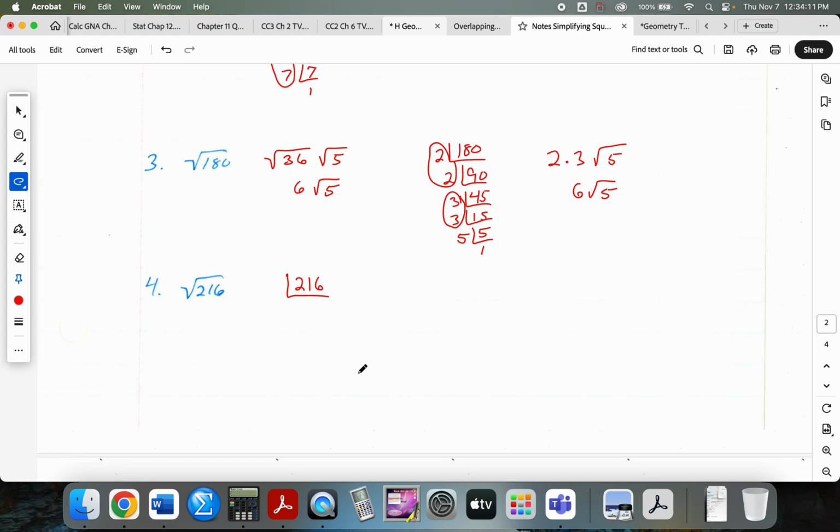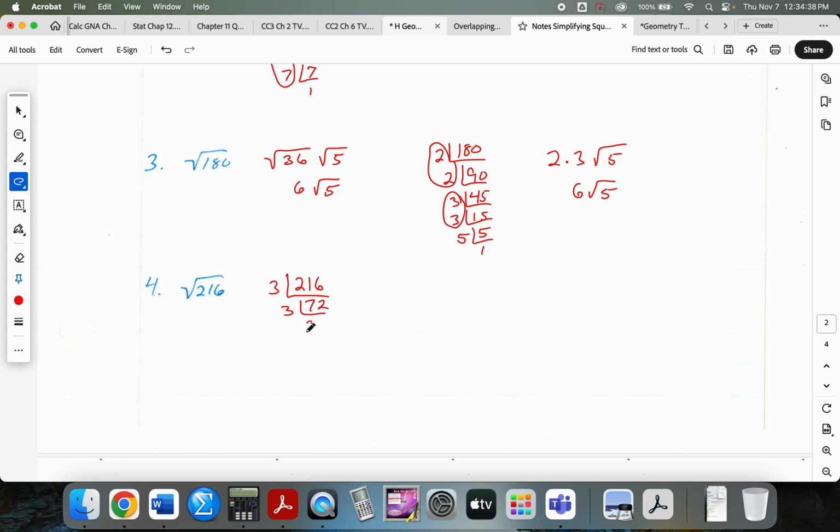So we can start with 2 or 3. 6 isn't prime. I mean, 3. So let's go 3, because I usually start with 3 if I can because it's bigger. That's 72. Then it makes what I'm dividing into smaller quicker.